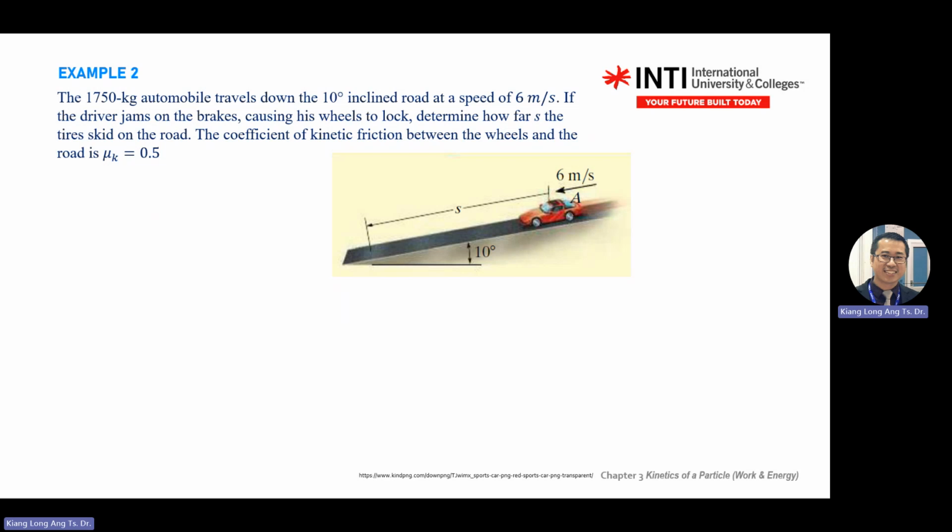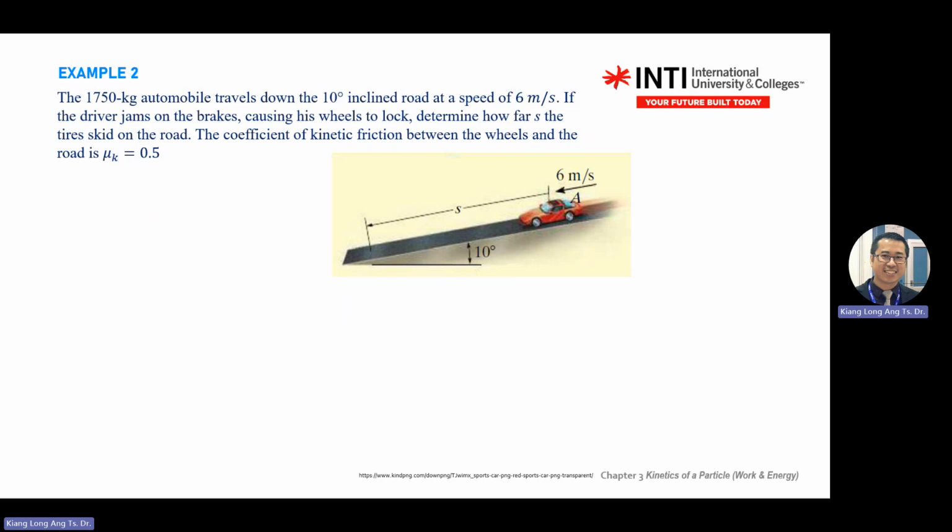Okay, so you are given an automobile or car with a mass. It goes down a 10° incline road at a speed V which is given. So you know your direction and your distance already. If the driver jams on the brake, it slows down, causing the tires to lock, and you determine how far the tires skid on the road.